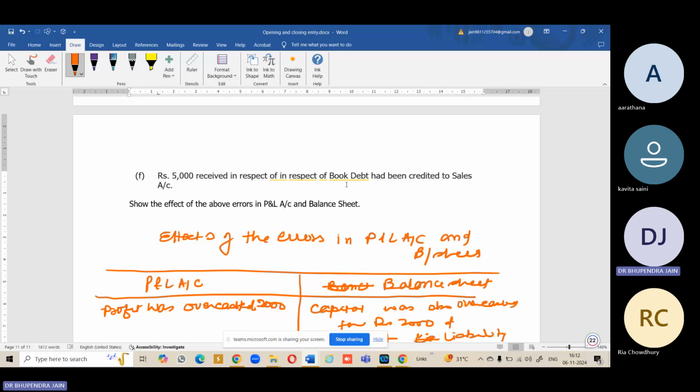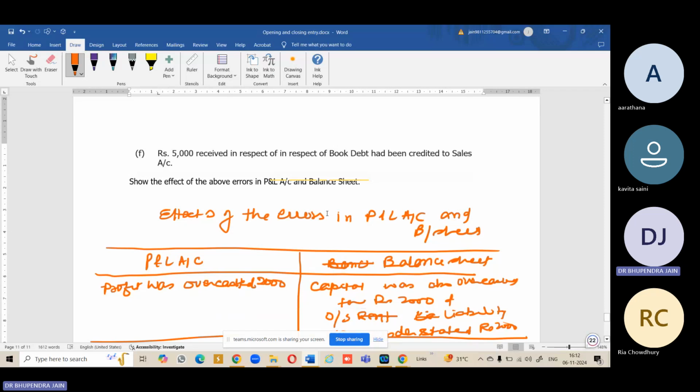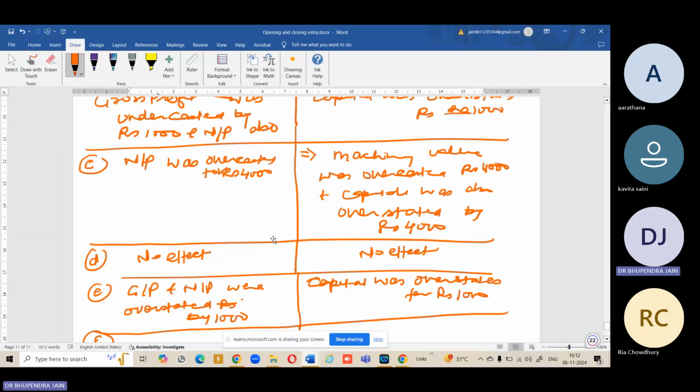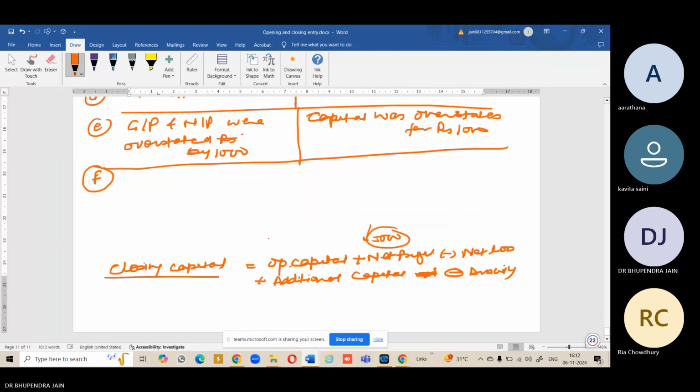If you increase your sales, so definitely your profit will increase. So what is the first effect we write, beta? Gross profit and net profit were overstated by rupees 5,000.